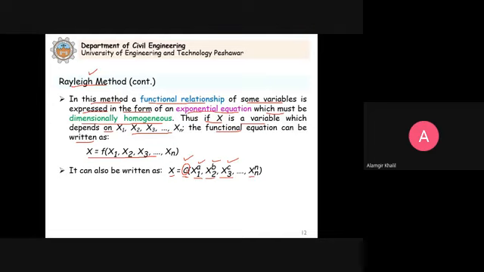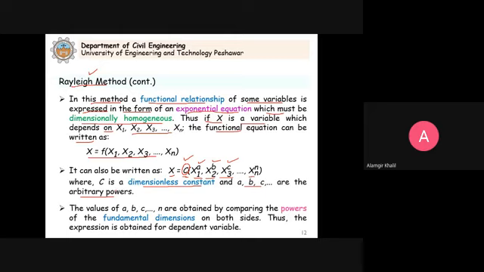But still we see that this is a very powerful tool and it helps in the design of experiments. So this C is a dimensionless constant, and a, b, c, or you can use x, y, z, are arbitrary powers. The values of these exponents are obtained by comparing the powers of the fundamental dimensions on both sides.